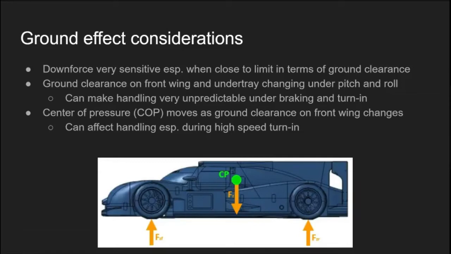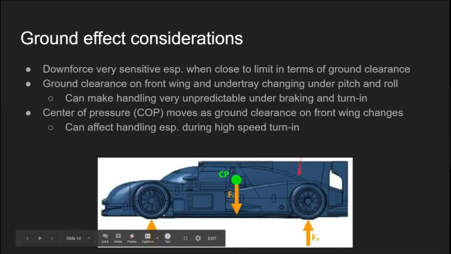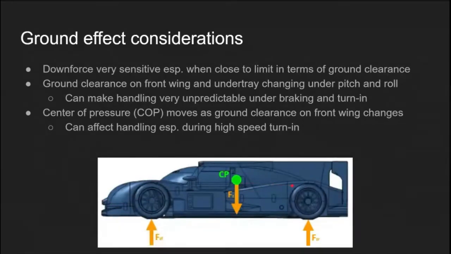So really, the front wing is an important thing that you need to tweak. The rear wing, usually, you try to get maximum downforce out of it. The front wing is what you use to balance everything. And just another note on center of pressure: if you have too much rear downforce and not enough front downforce, your center of pressure is going to be too far towards the rear. You'll have more grip on the rear, less on the front, and you're going to be understeering all the time.